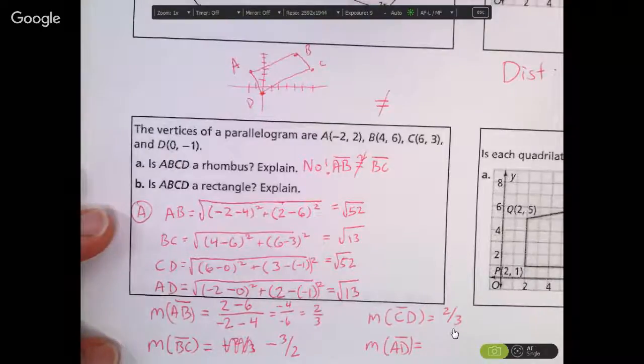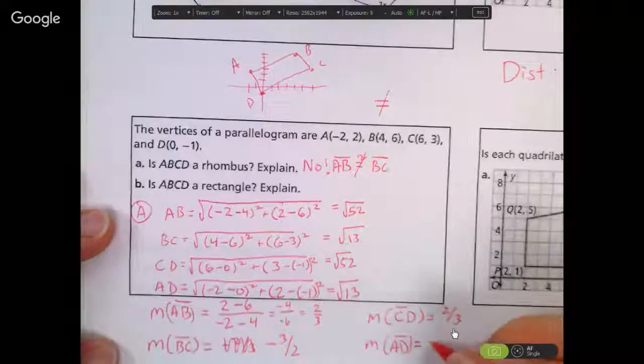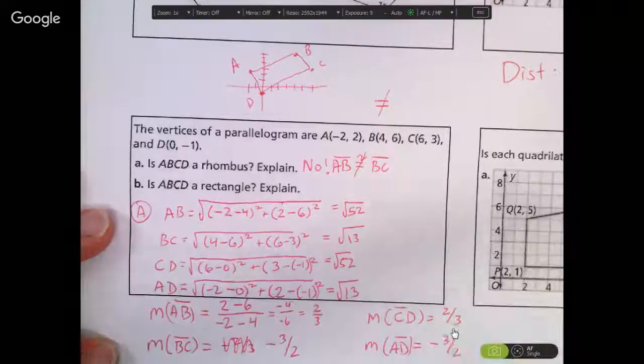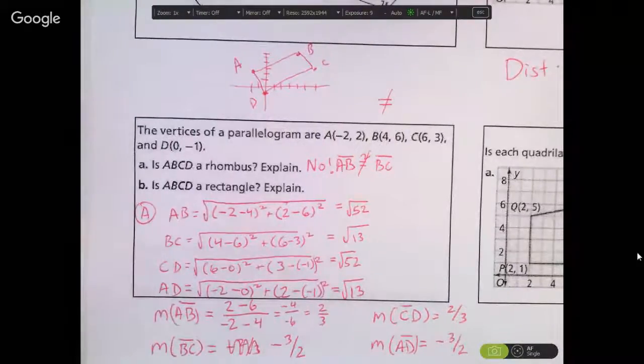Somebody calculate AD for me. So that means that's a 90-degree angle. AD is negative 3/2. Did you calculate it or are you just assuming? He calculated it in his head. So is it a rectangle?